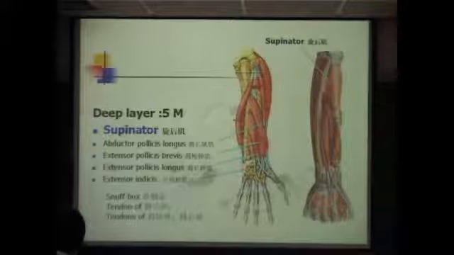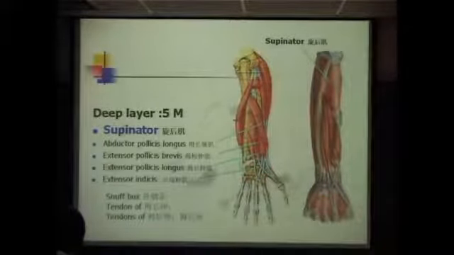You know, the tendons of these muscles form a pit on the wrist. It's called the anatomical snuffbox.